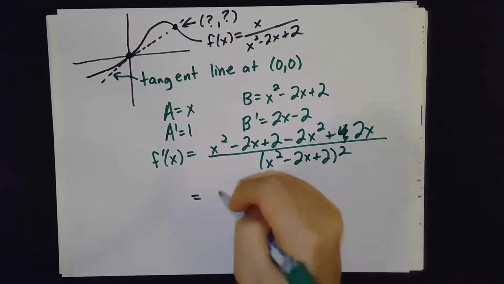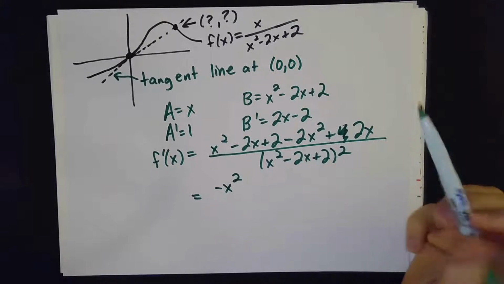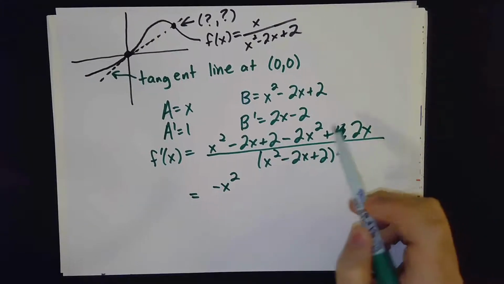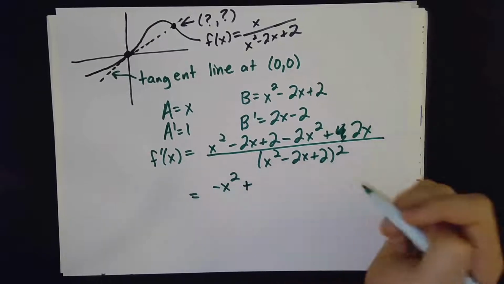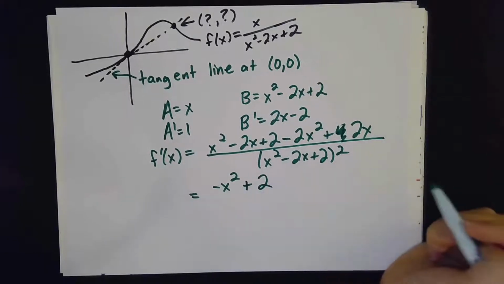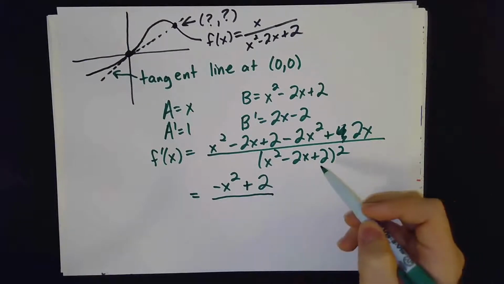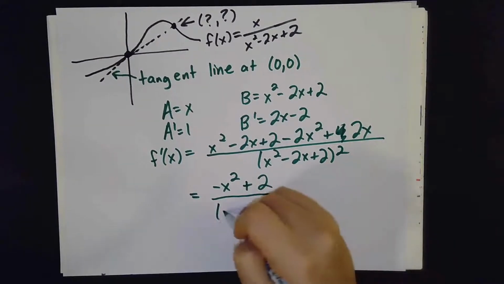So this will be minus x squared minus 2x plus 2x. That's 0. So then just plus 2, all divided by this.